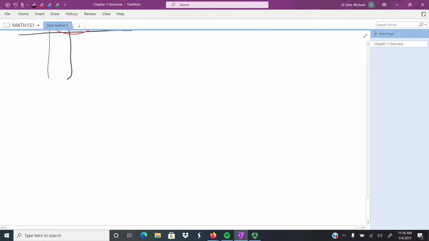Another thing regarding functions: you have what are called inverse functions. For example, if I had y equals 2x plus 3 and I want to know what the inverse is, to get the inverse I flip-flop the x's and the y's. So x equals 2y plus 3. Now I'm going to solve this for y.